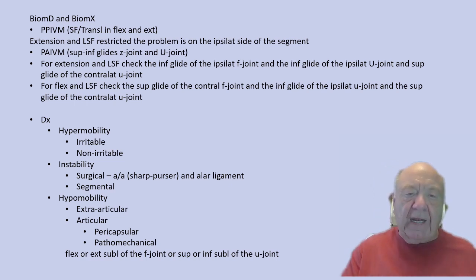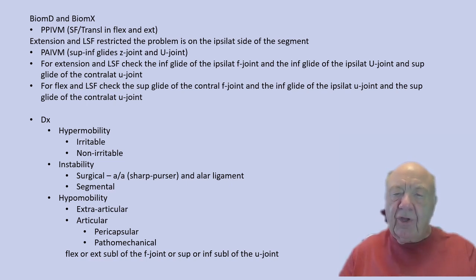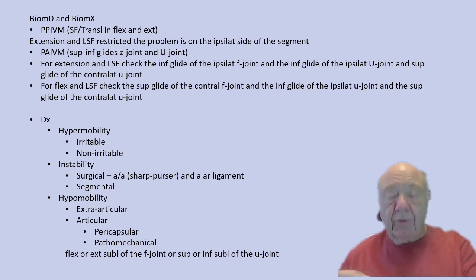If it was a flexion problem, so we'll say flexion and left side bend is restricted at C3-4, we'll check the superior glide of the contralateral facet, that is the right facet, and the inferior glide of the ipsilateral U-joint, that is ipsilateral to the side flexion, and the superior glide of the contralateral U-joint, contralateral to the side flexion again.